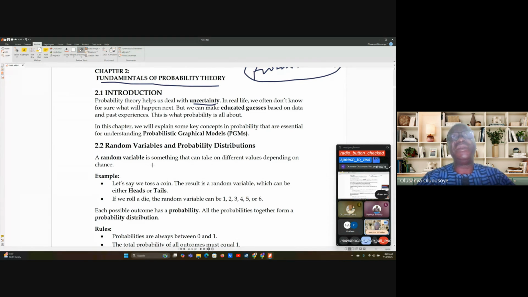There are also outcomes that are not binary. There are outcomes that could have more than two or three or four possible outcomes. For instance, in the university, a student could graduate with first class. That's a possible outcome.